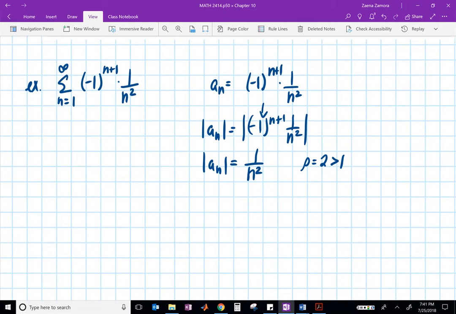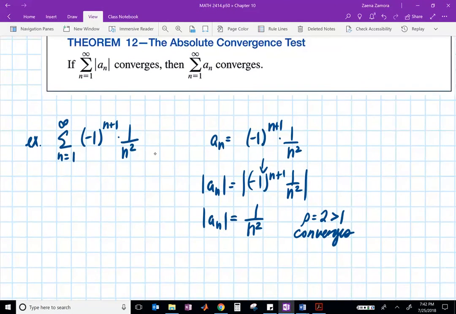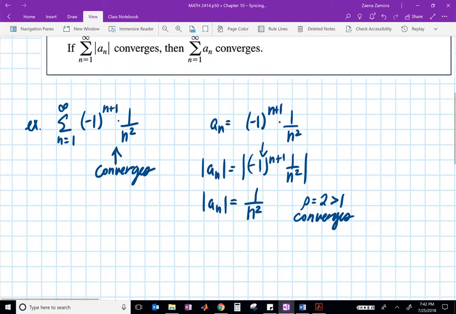That means this one converges. And according to the absolute value test, if this one converges, what can we say about this one? It also converges. You see, that's not hard.